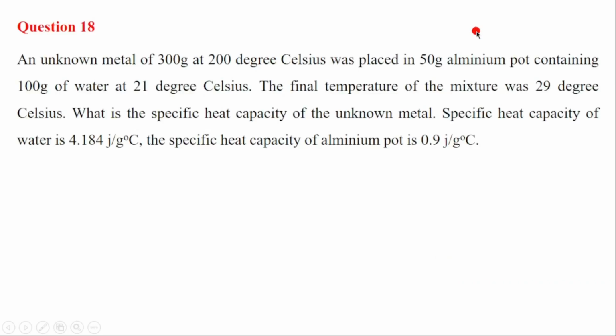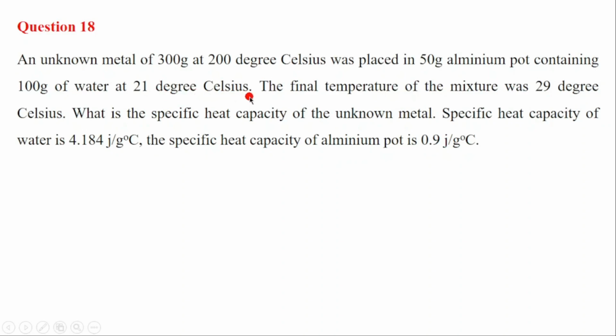Let's see the next question. The next question is number 18. Question number 18 is saying you have an unknown metal of 300 grams at 200 degrees Celsius placed in a 50 grams aluminum pot containing 100 grams of water at 21 degrees Celsius.